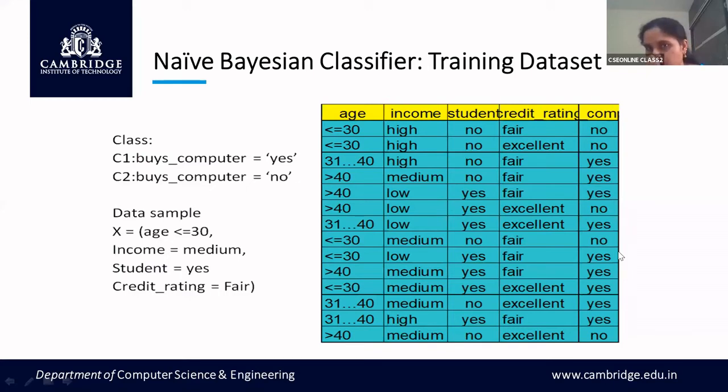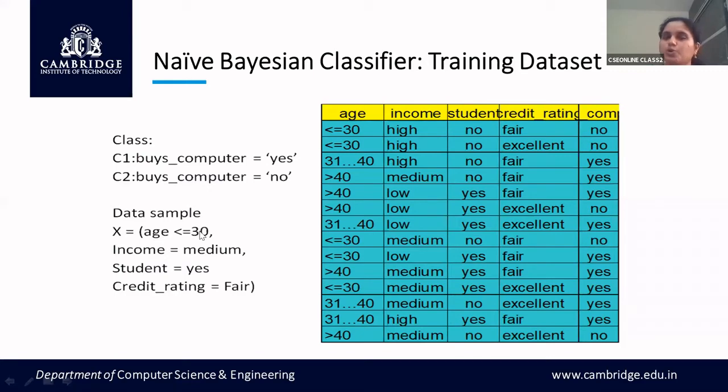Once that is calculated, what you have to do is find the maximum likelihood. How will you find it? Take one attribute and one value. Why have I taken only less than or equal to 30 here? Because in the sample set, our interest is age less than or equal to 30.